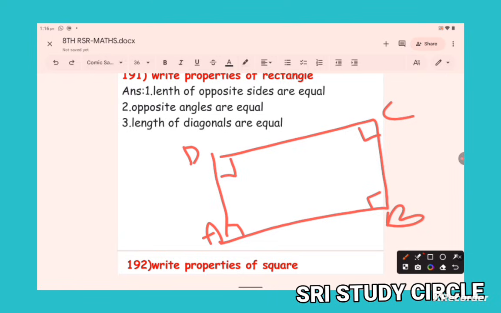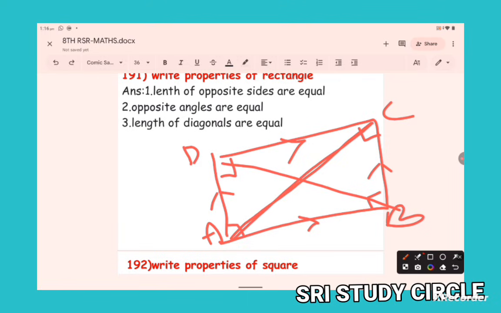Opposite sides are parallel. The diagonals bisect each other. The lengths of the diagonals are equal. All these are the properties of a rectangle.